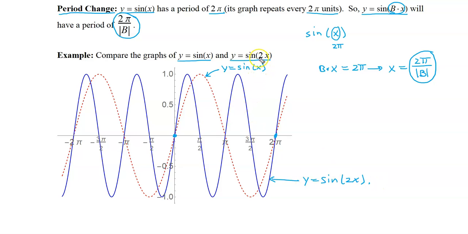Now you notice, if we were to find the period of the sine 2x function using this formula up here, we obtain that the period is 2 pi over 2. The b is 2 in this case. This is our b.